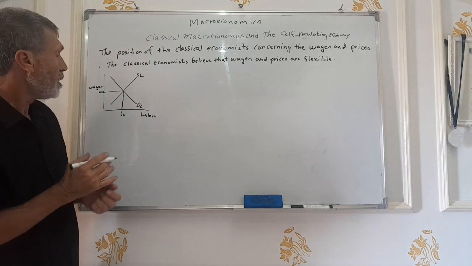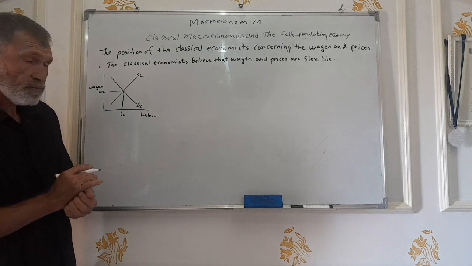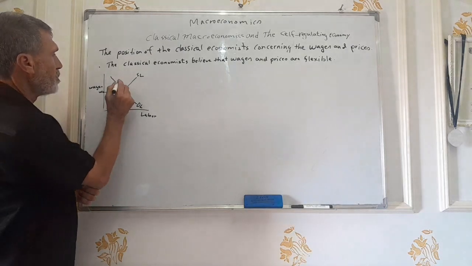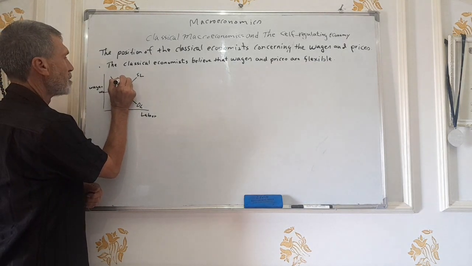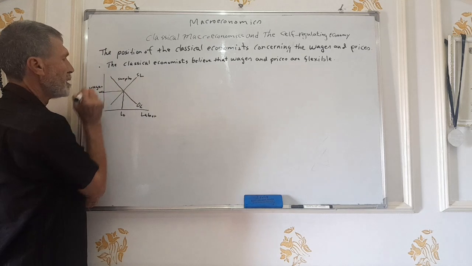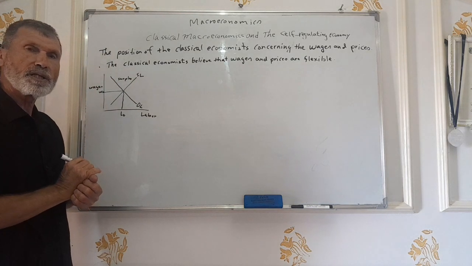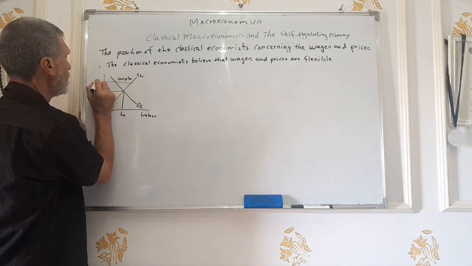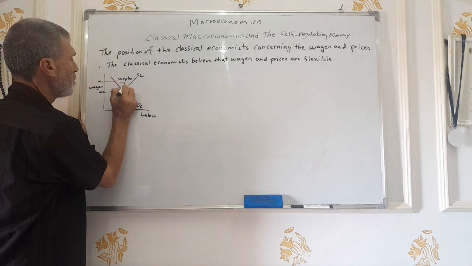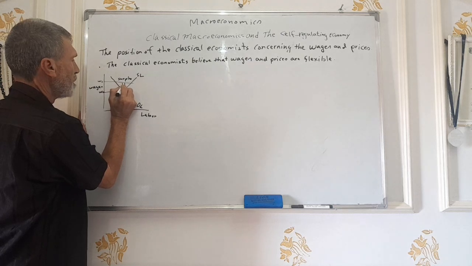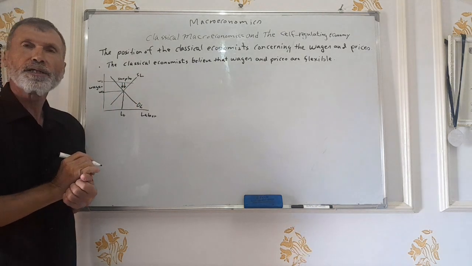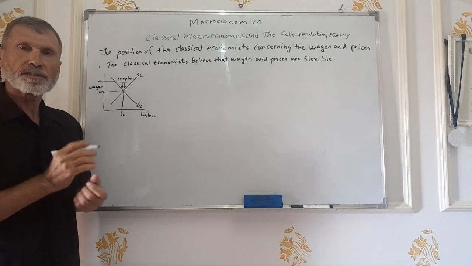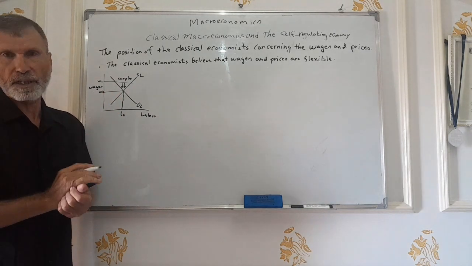So now if there is a surplus in the labor market, surplus over here, then eventually the wage rate will decrease, let's say to W1. So what happens? The wage rate will decrease until equilibrium is reached, until the quantity supplied equals the quantity demanded.